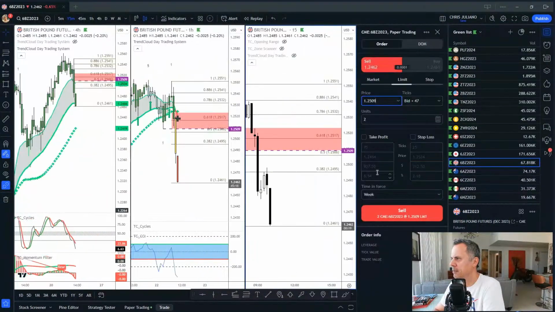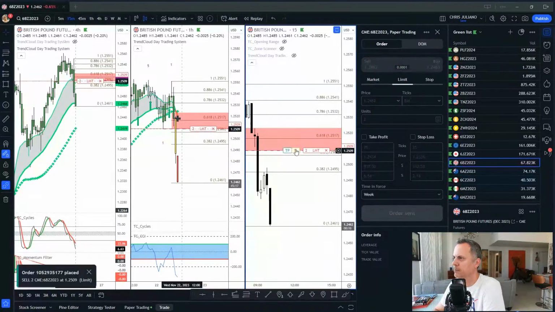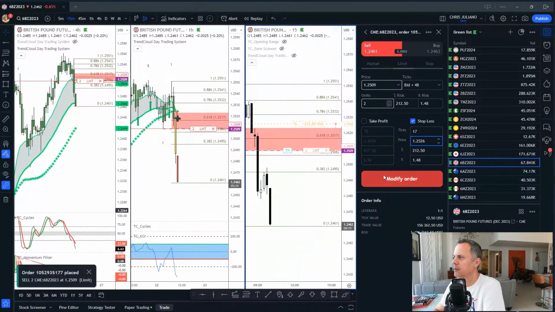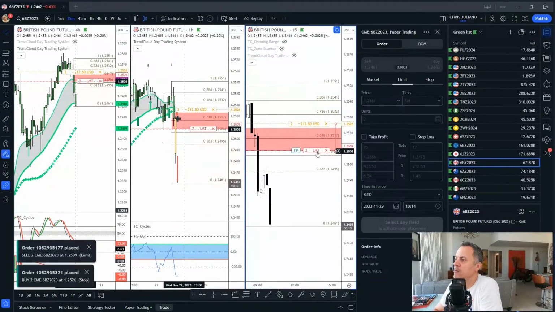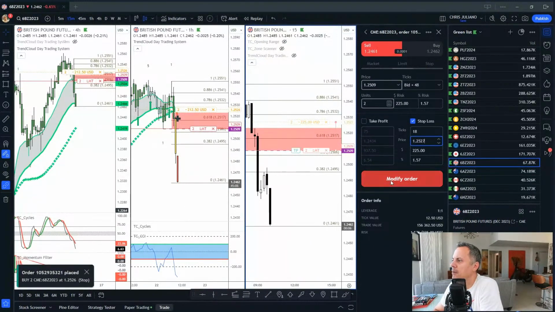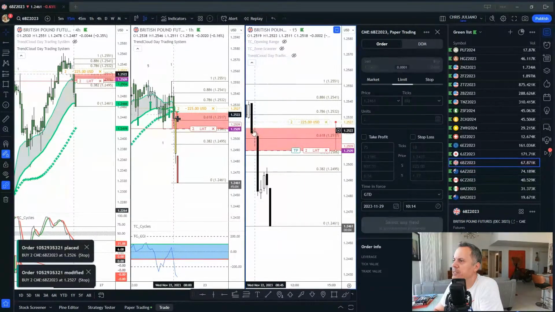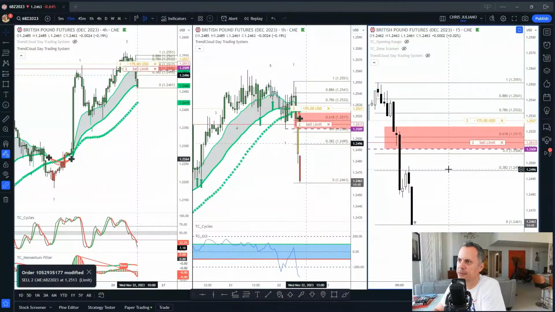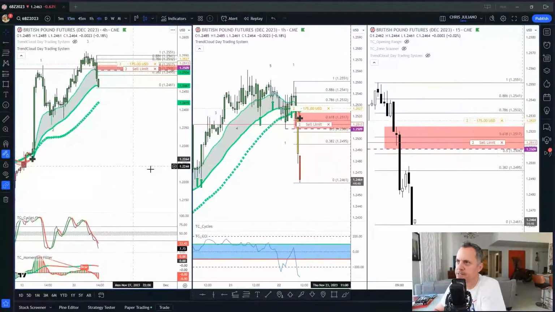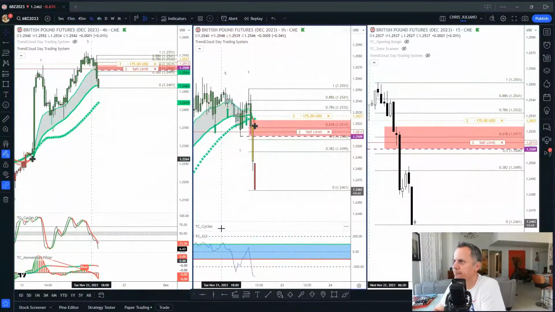Can we afford it? A little expensive, right? So why don't we keep the stop there, a few ticks above the zone, and just slide this there on the British pound. Good setup. That's a good setup right there.